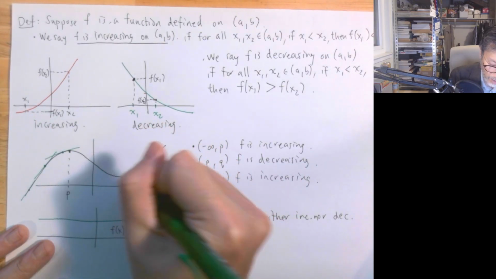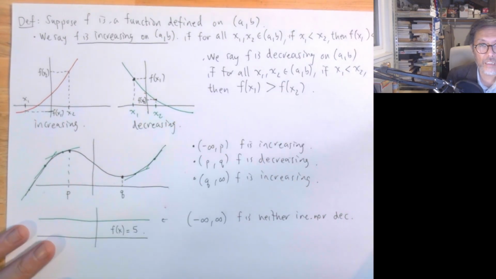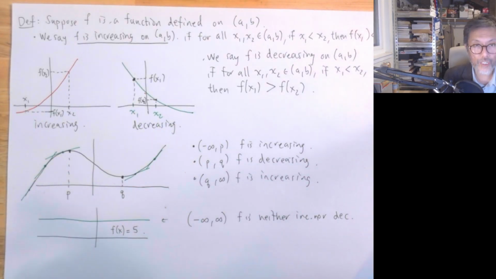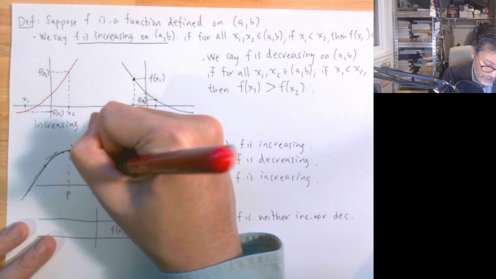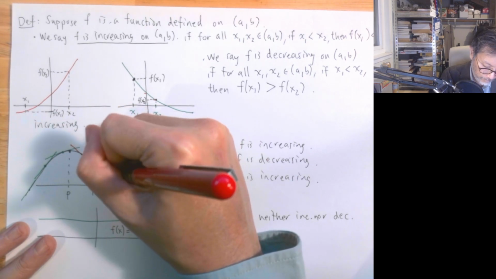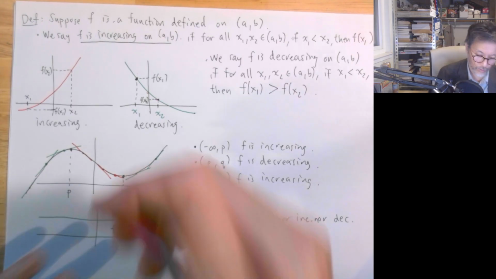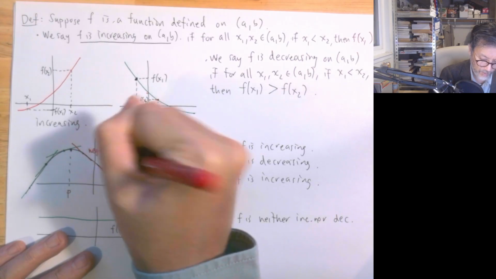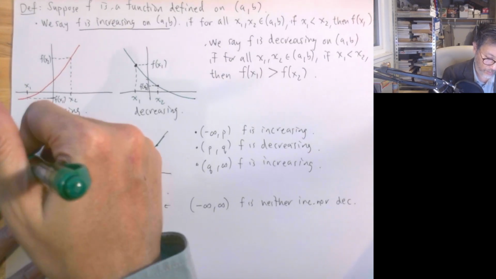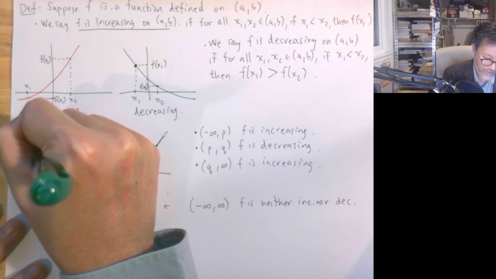Over here, also increasing. Positively sloped tangent lines. Yeah? Whereas in between, on the interval on which the function is decreasing, we see in the graph negatively sloped tangent lines. So negative slope. And over here, positive slope. I should say slopes, because there are many slopes here.